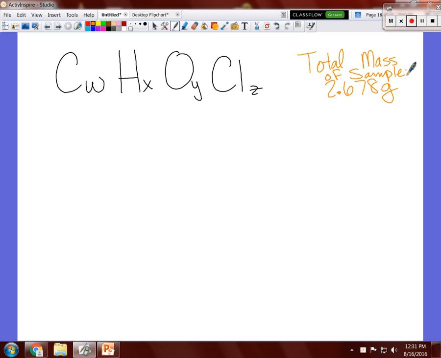We have this compound, and this compound is made up of carbon, hydrogen, oxygen, and chlorine. And we don't know how many of each are present, okay? So essentially the goal is to find the empirical formula. We cool with that idea? All right, so here's the deal. What if I told you the entire total mass sample of this thing is 2.678 grams?